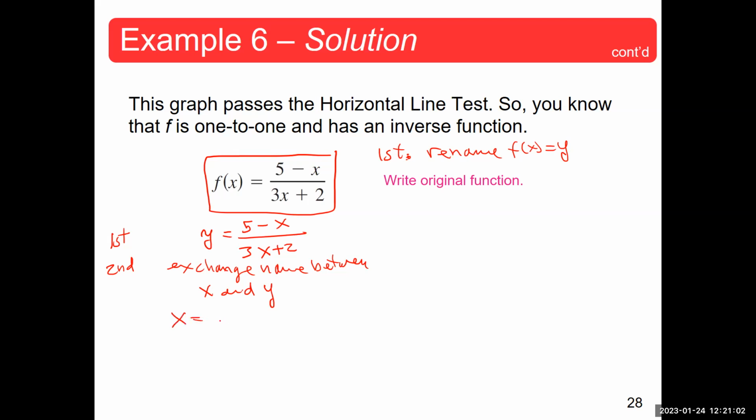x equals 5 minus y over 3y plus 2. Oh, 3y plus 2, I'm sorry. We should not make this mistake. So everything here becomes y, and now third step, cross product, because this is going to have a bottom one.